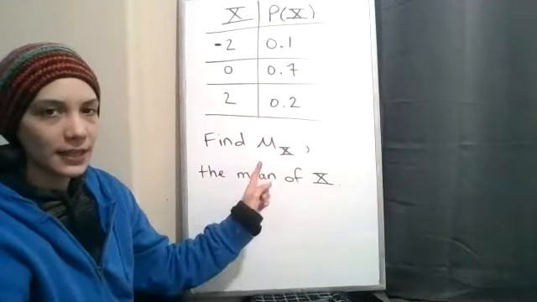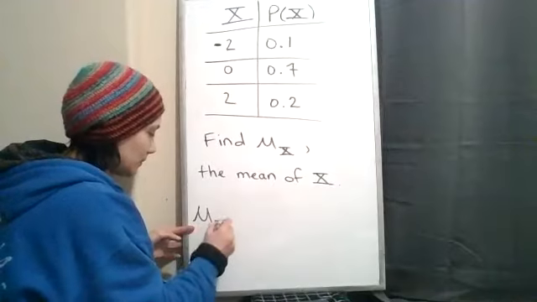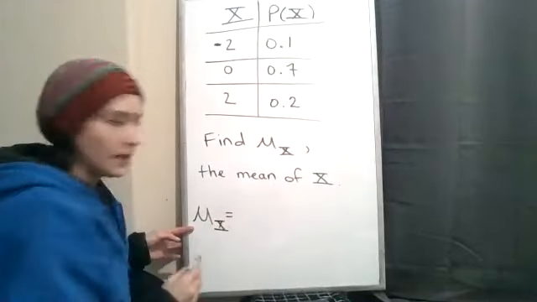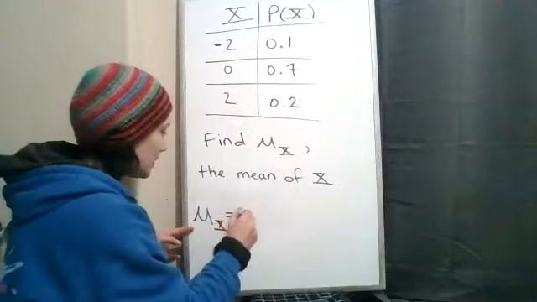Okay, the mean of x is mu sub x equal to the sum of x times p of x.